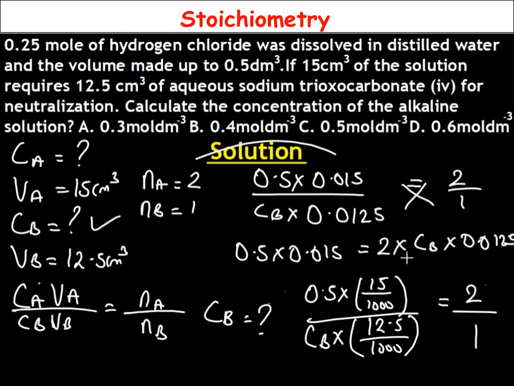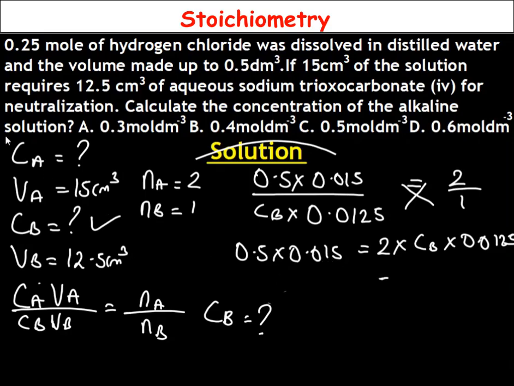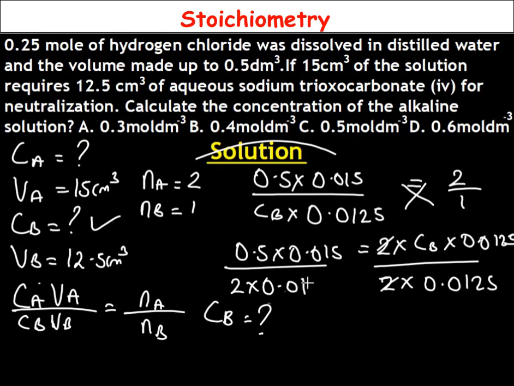Now, to then solve for Cb, divide both sides by 2 times 0.0125. So 2 will divide this over 2 times 0.0125. Then 0.0125 will divide 0.0125.